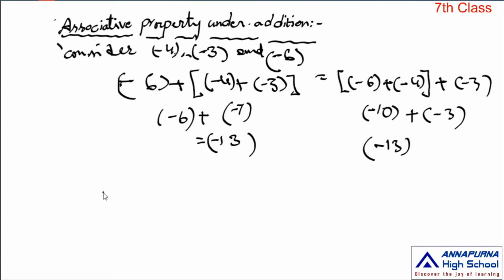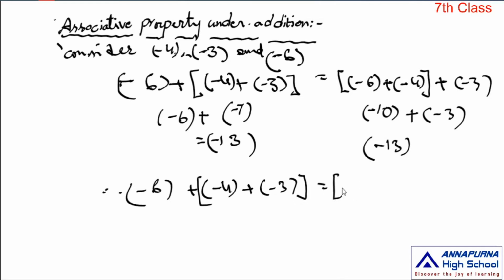Therefore, -6 plus (-4 plus -3) is equal to (-6 plus -4) plus -3, which is equal to -13. That means when a group of integers are added in any order, we get the same result.